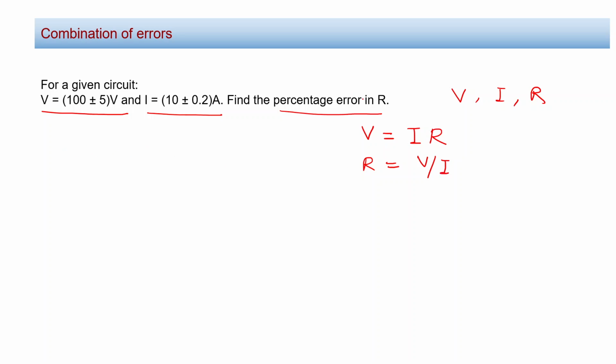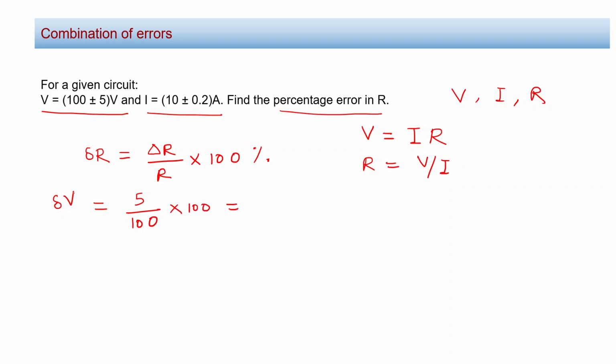So when we have to find the percentage error, let us denote it with this small delta R, which means absolute error over mean value times 100. Now what is the percentage error in V and what is the percentage error in I? The percentage error will be the error in the value, which is 5, over the main measured value, which is 100, multiplied by 100.